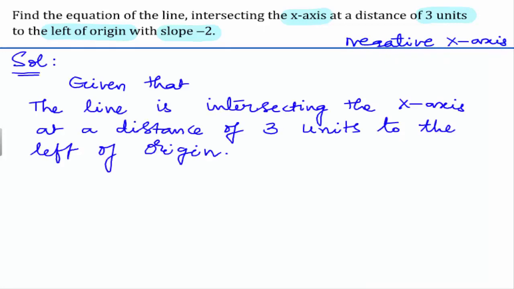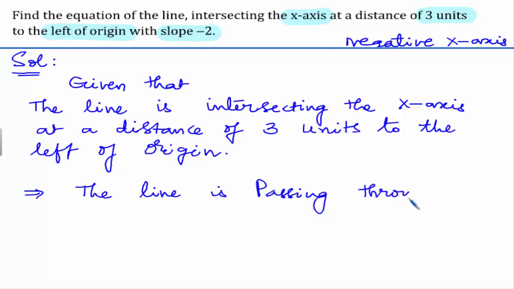It is given that the line is intersecting the x-axis at a distance of 3 units to the left of the origin. That implies the line is passing through, or you can call it as it is intersecting the x-axis, passing through minus 3, 0, because it is 3 units on the negative x-axis.